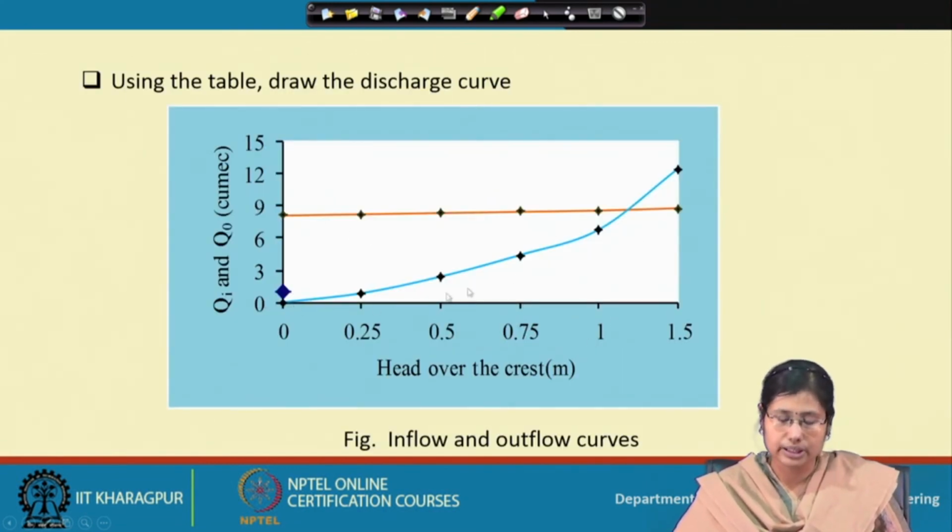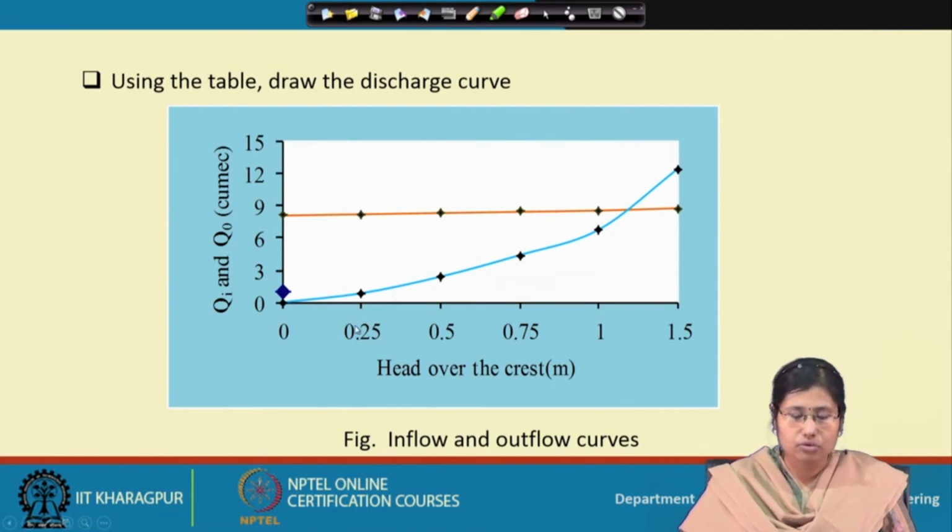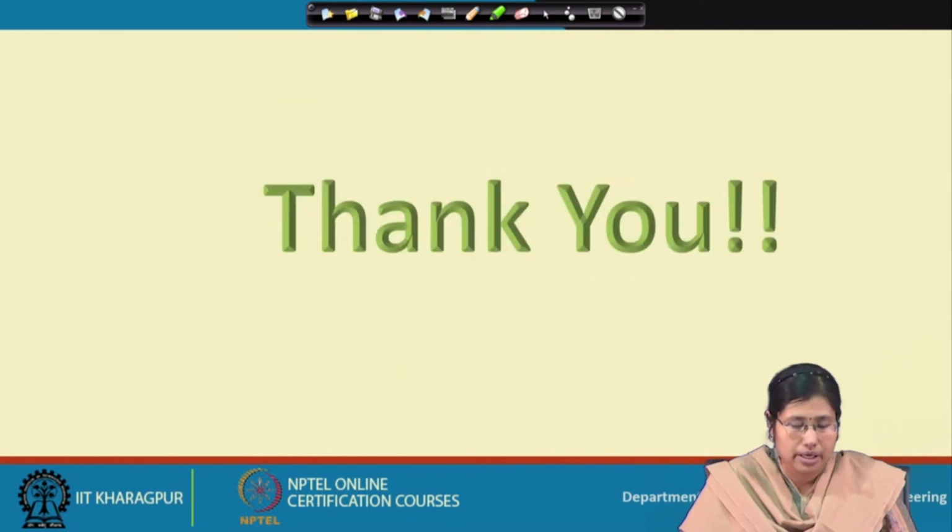So, these are the inflow and outflow curves of the drop inlet structure. With these two problems I am going to end this lecture, and thank you.